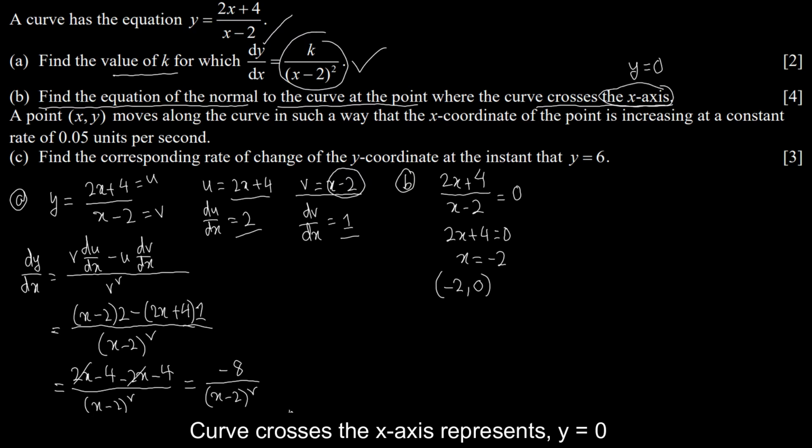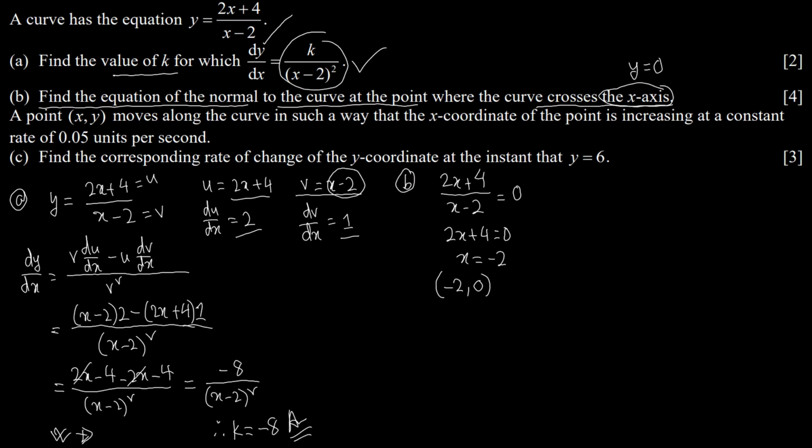Here we are going to find the equation of the normal. dy by dx is the expression for the tangent gradient. Let me put the x value into dy by dx, so we find dy by dx at x equals minus 2. You can consider this as m, the gradient of the tangent.